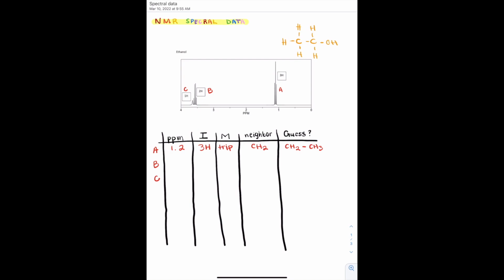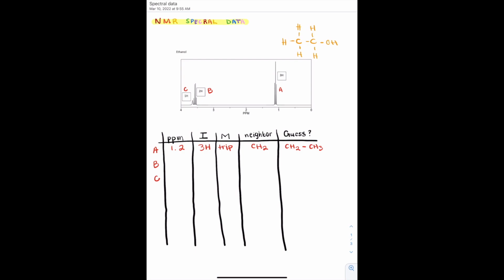So for the purposes of explaining NMR and proton NMR in this video, I went ahead and drew out the structure so that when we're looking at it, we can be able to attribute the guess to different parts of the structure of the molecule. So in this case, for the part A, we have CH2 connected to a CH3, and that can be seen actually right here in the ethanol molecule. So we are on the right track.